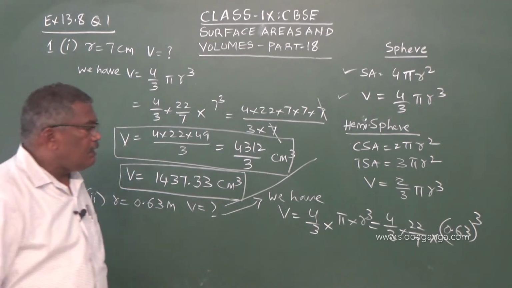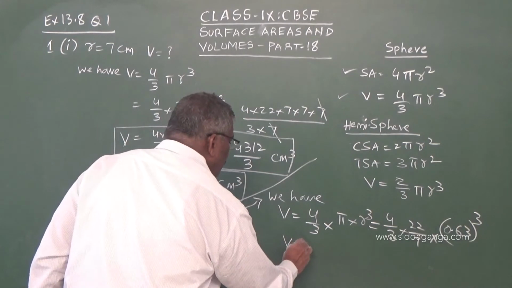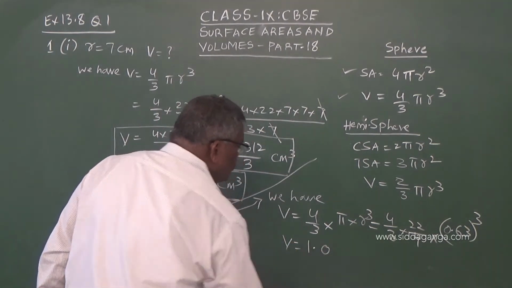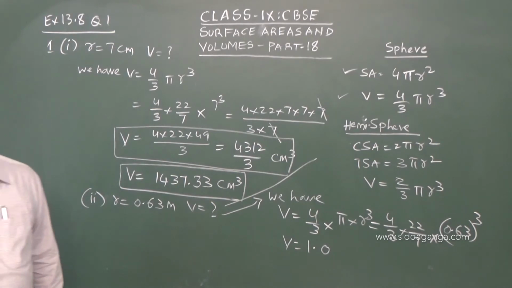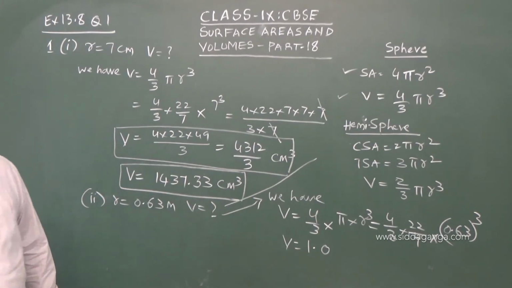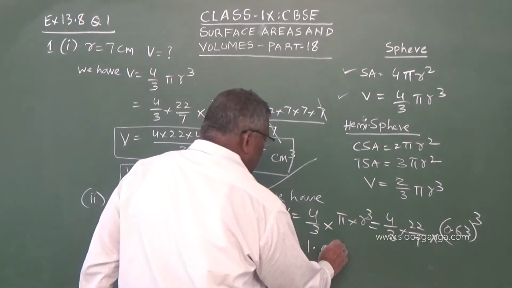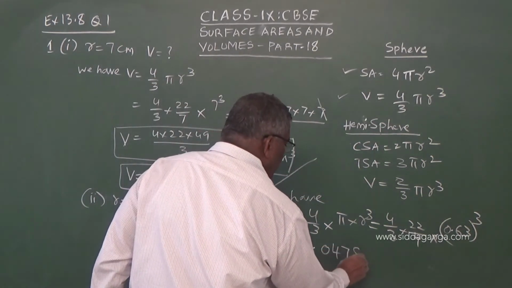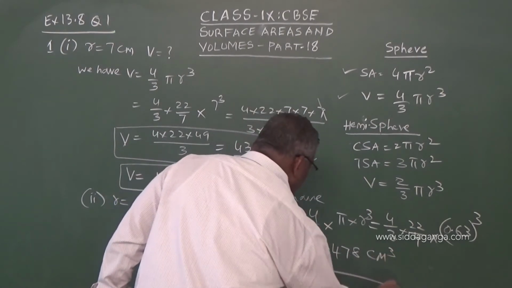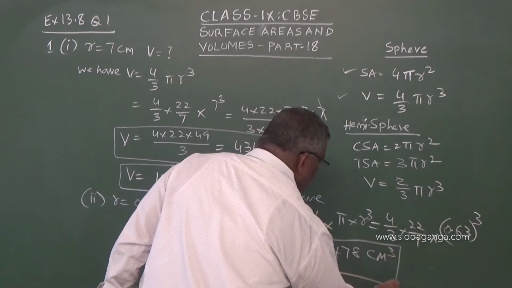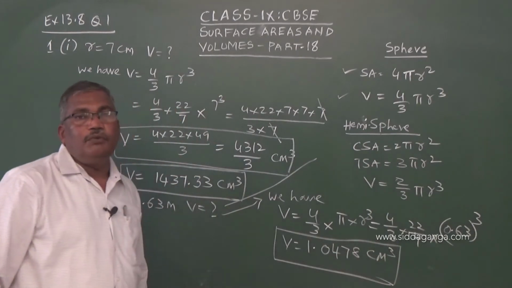Simplify this, you will get volume is equal to 1.0478 meter cube. So this simplification you will do.